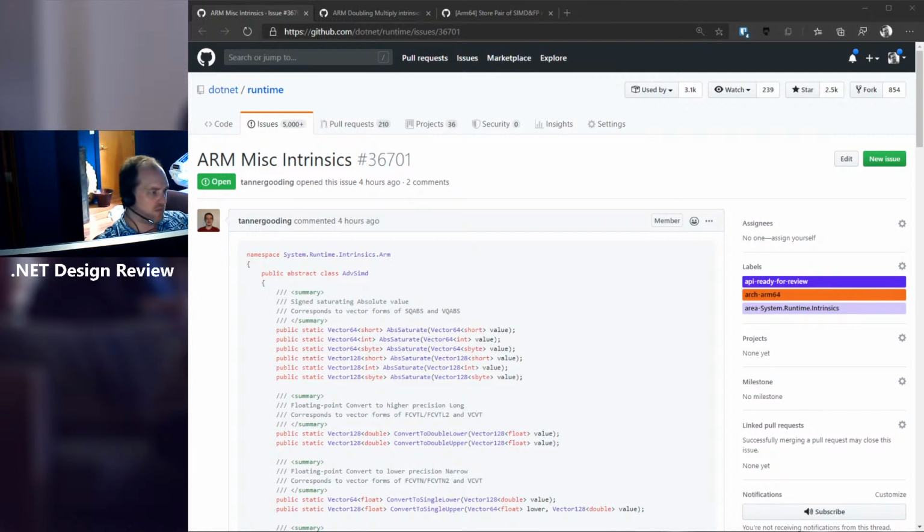So the proposal is to get rid of the vector 128 lower and have a vector 64 version without the lower. And there is another way, implicit or explicit, to convert from vector 128. Yeah, you have to do dot get lower. It's an extension method.